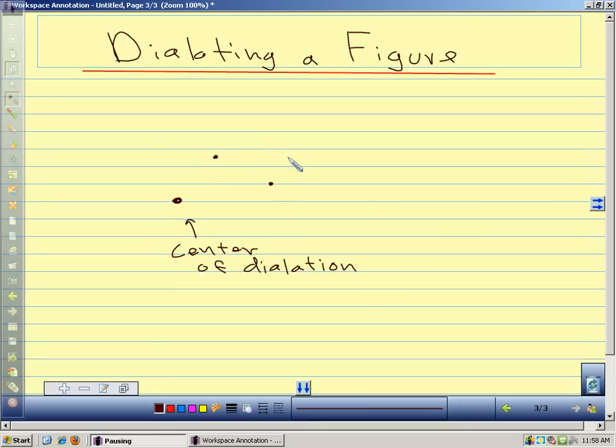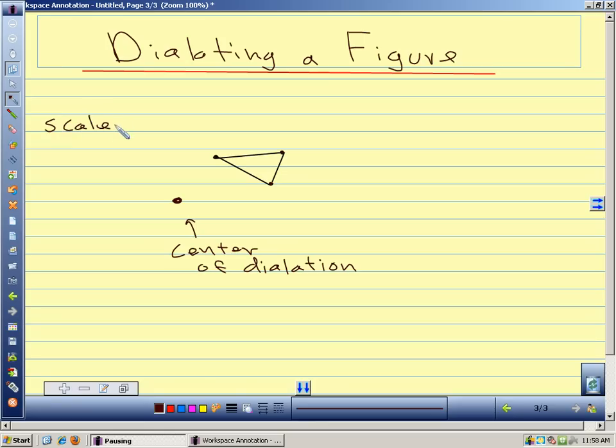For what we're doing here, our shape is going to be a triangle. And we're going to use a scale factor for this example.